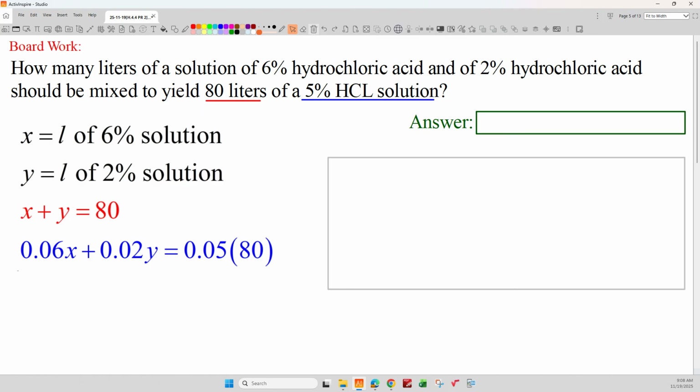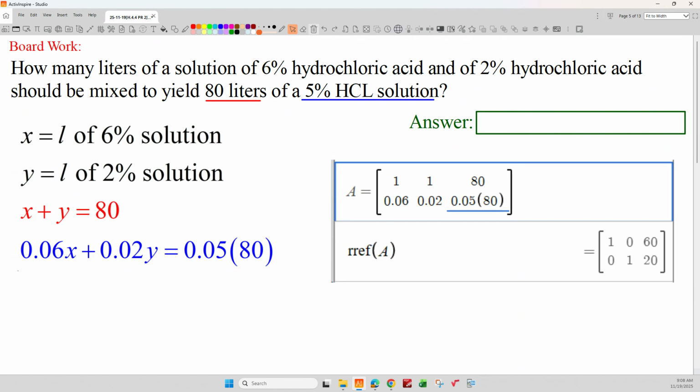And so then the 0.06x represents the total amount of acid that's coming from the strong solution plus the total amount of acid coming from the weak solution equals the total amount of acid, right? And then you just solve that. How many people used a matrix? It's a little quicker, isn't it? Once you get going on it.